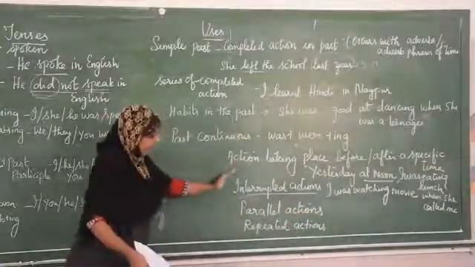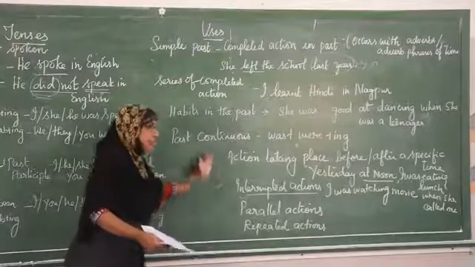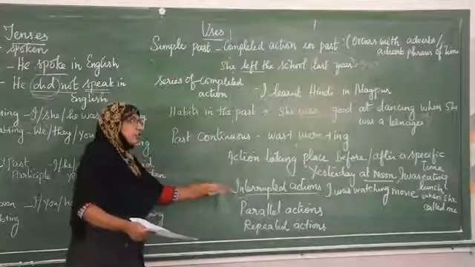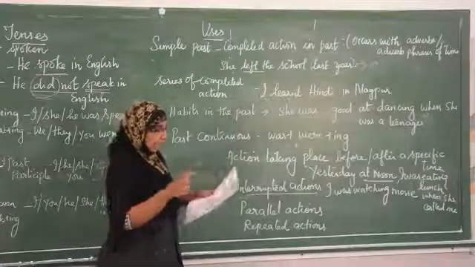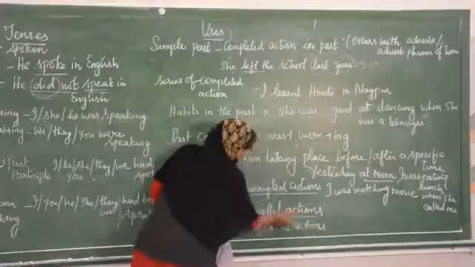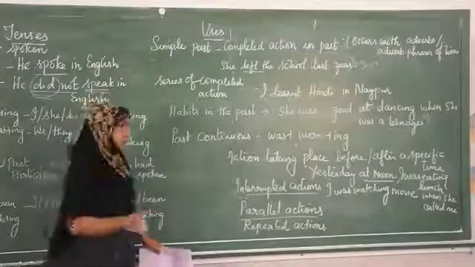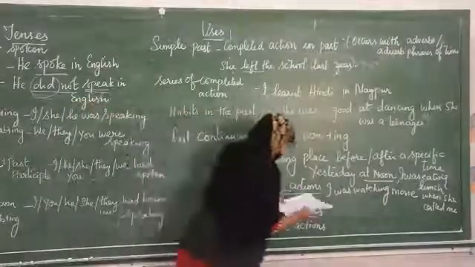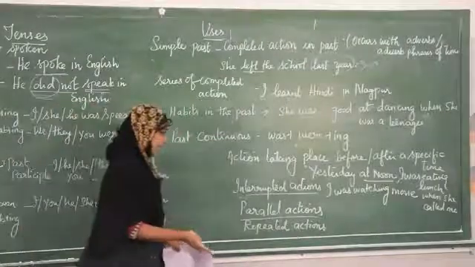To express an action which has been in progress in the past before another action took place. The light went out while I was writing. Parallel actions means two actions going on at the same time in the past. For example, I was reading while my sister was writing.